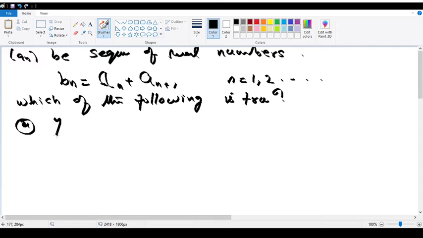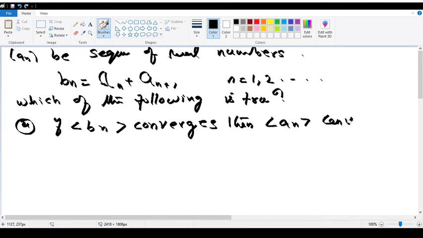First option, if Bn converges, then An converges.